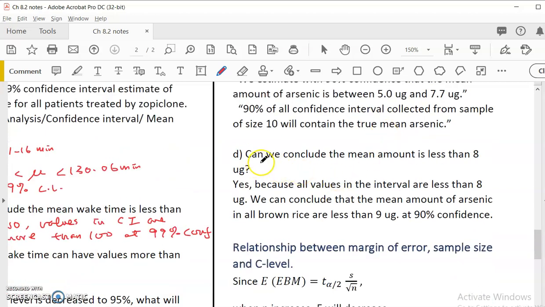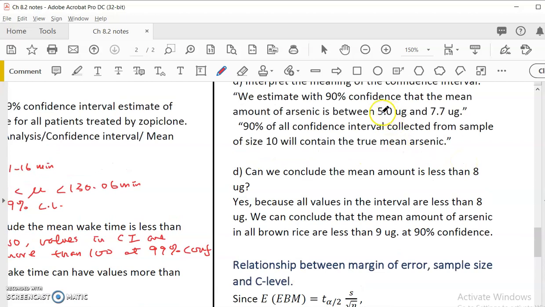Okay. Can we conclude that the mean amount is less than 8? Let's look at this, 5 to 7.7. If you draw the number line, the real mean is from 5 to 7.7. All of these numbers are less than 8. So we say yes, right? Because 8 is greater than any single number here.